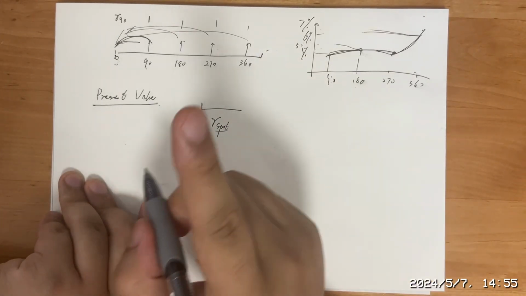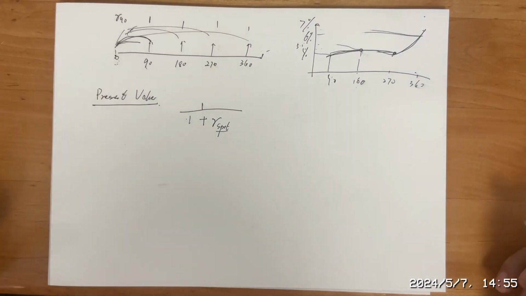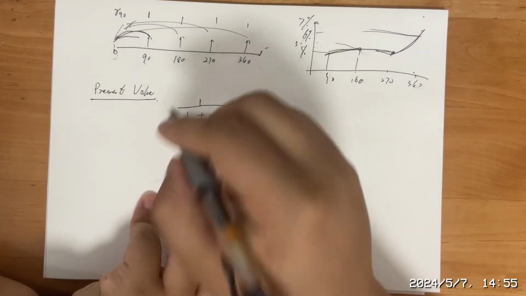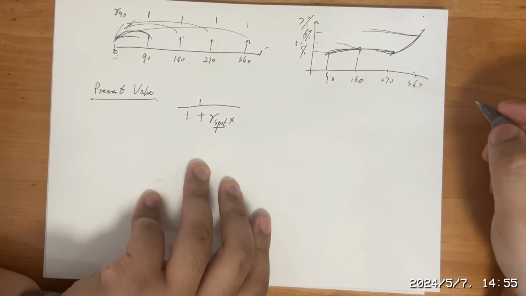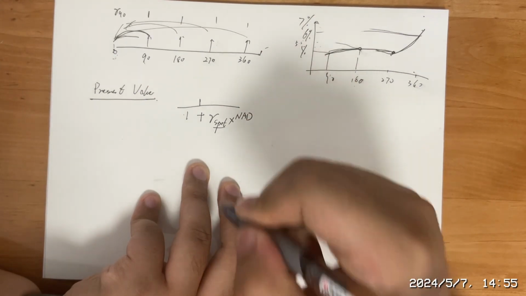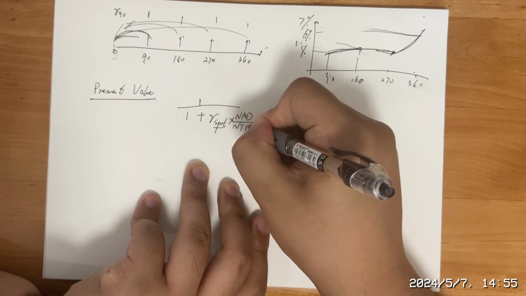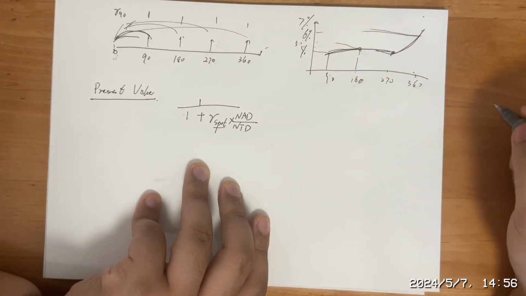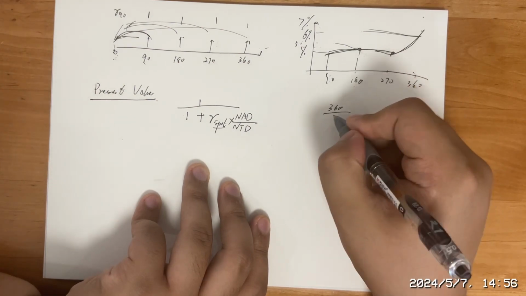And here is the tricky part. I can't find my red pen, it doesn't really matter. Here is the crucial part. You have to multiply by the number of accrued days divided by the number of total days. What does that mean? For example, the total days is 360.